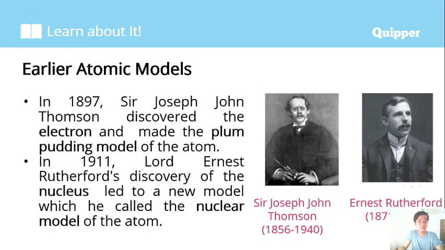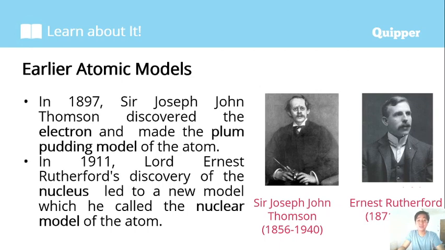During the time of Thomson, it was discovered that the atom is composed of subatomic particles, and one of the first subatomic particles discovered was the electron, which led J.J. Thomson to propose the plum pudding model of the atom.